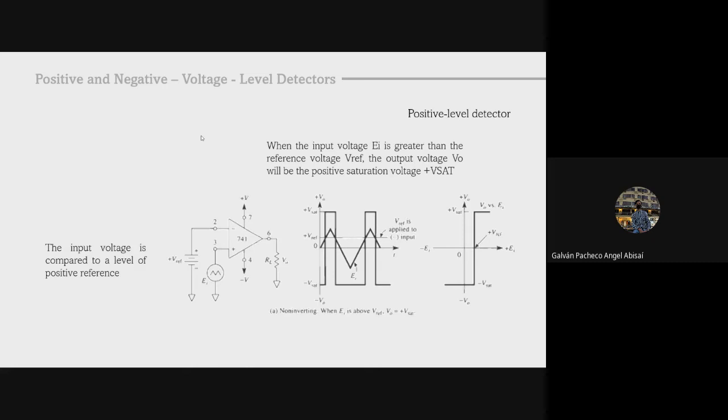In this circuit, the input voltage is compared to a positive reference voltage. When the input voltage is greater than the reference voltage that we set, the output will be equal to the positive saturation voltage, and as we know, this value of saturation voltage is slightly lower than the supply voltage. Next, please.